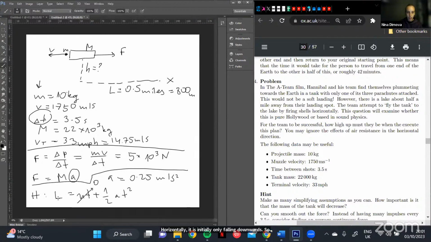We have the acceleration, we have this L, therefore we can find the time. It turns out that the expression is the square root of 2L over A. And this is 80 seconds. So horizontally, we know that it has to travel those 0.5 miles. And if it is successful, it would need 80 seconds to do so, right?